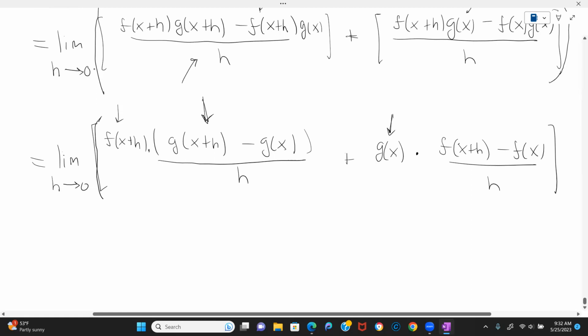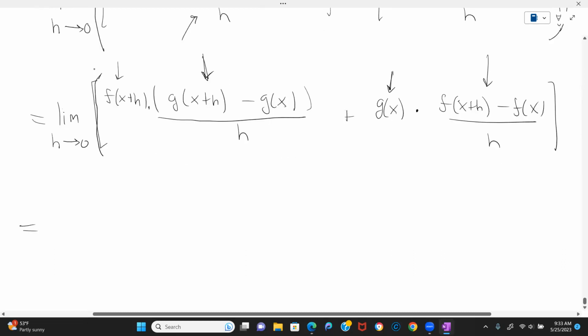This g of x here by itself is a constant, because we're fixing x, right? And then this difference quotient represents the derivative of f, and we're assuming f is differentiable. So now I can distribute the limit operator over it. So I'm going to do that.